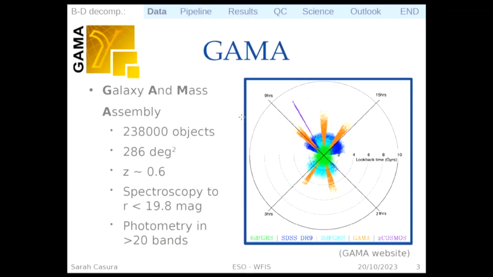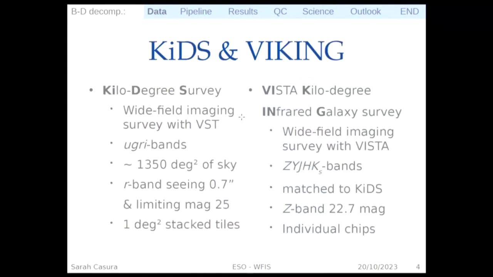Well, in addition to the spectroscopy, which is the important part for me, the Gamma team has collected photometry in more than 20 bands, basically by convincing other surveys to observe the Gamma fields. And 2 of these surveys were KiDS and VIKING. I don't need to introduce them here to this audience, but I left this slide in just to point out that there is a slight difference in the data products we use between KiDS and VIKING.